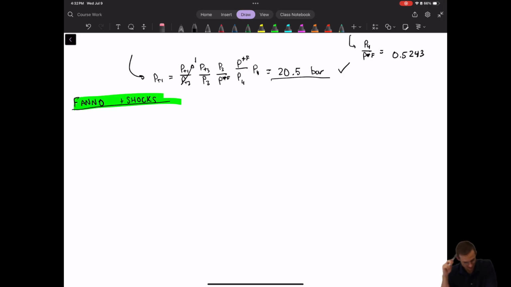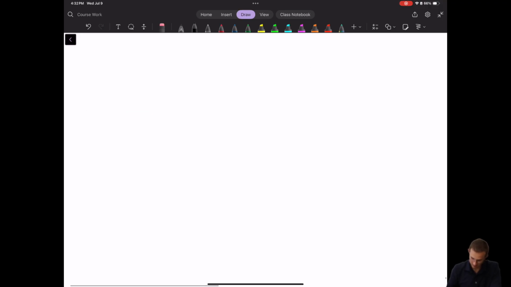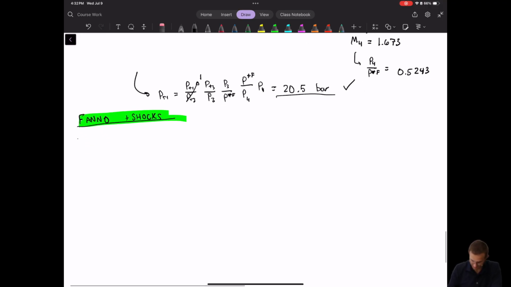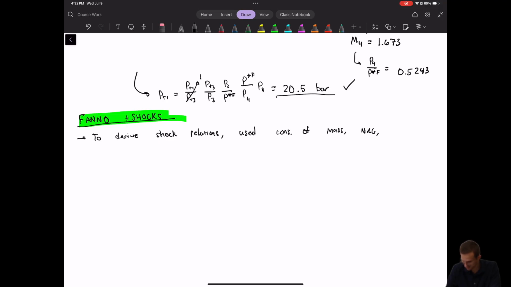So remember that when we derived the shock relations, we used conservation of mass, energy, and momentum.